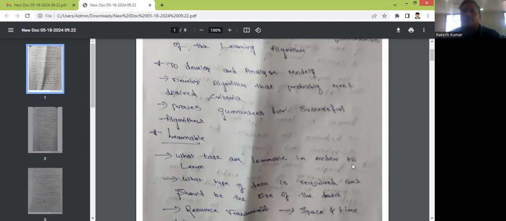For example, here I also want to discuss the multimodal recommender system. Suppose you are training the machine very well.